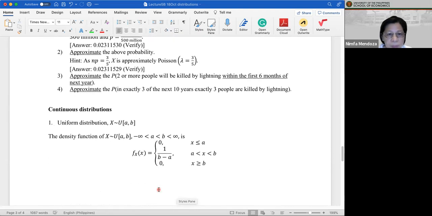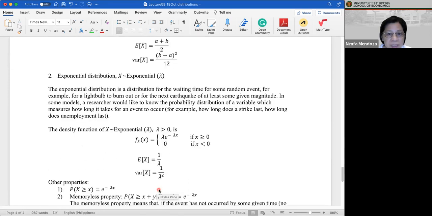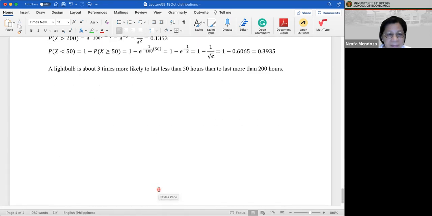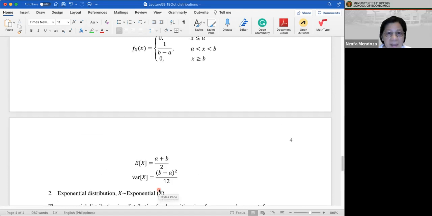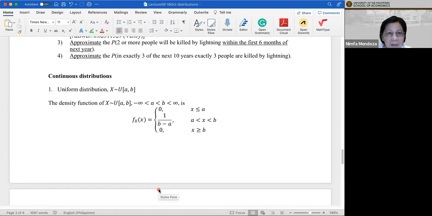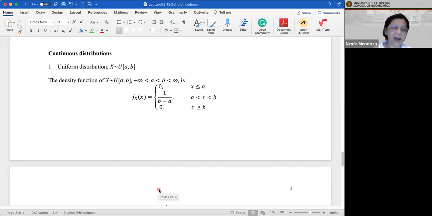Now let's go through some continuous distributions. We've encountered several continuous distributions before. In this section, we had the F distribution, the T distribution, and the chi-square distribution, which are continuous distributions related to the normal distribution.